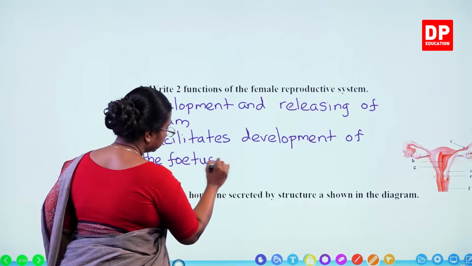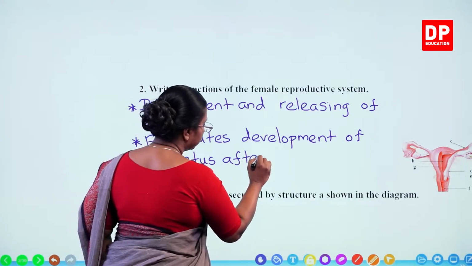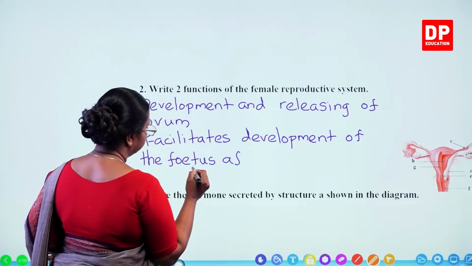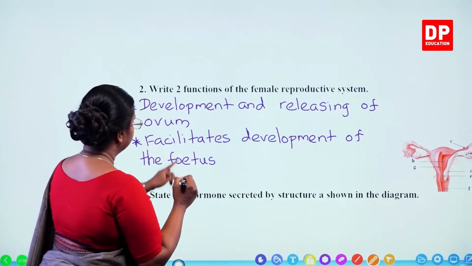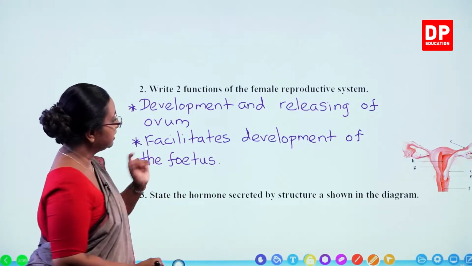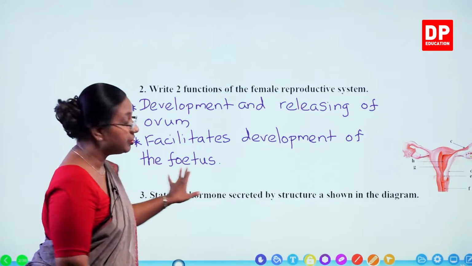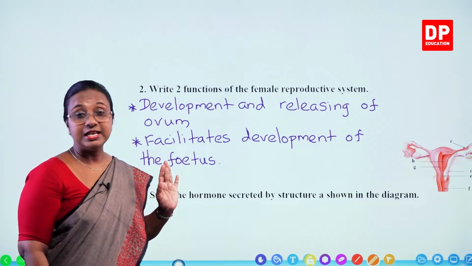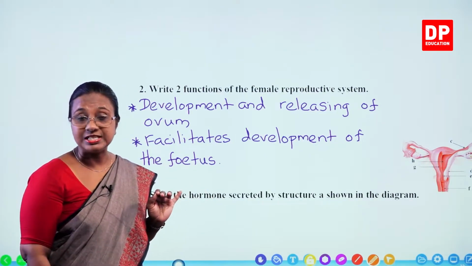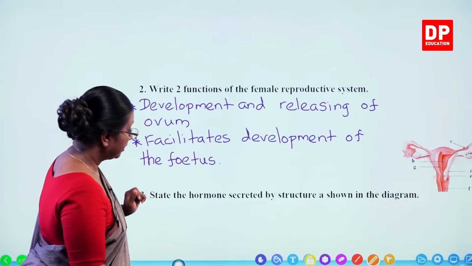We can leave it at that. Facilitates development of fetus. So, you all know only if fertilization takes place, the fetus will develop inside the uterus. So, then the next one.